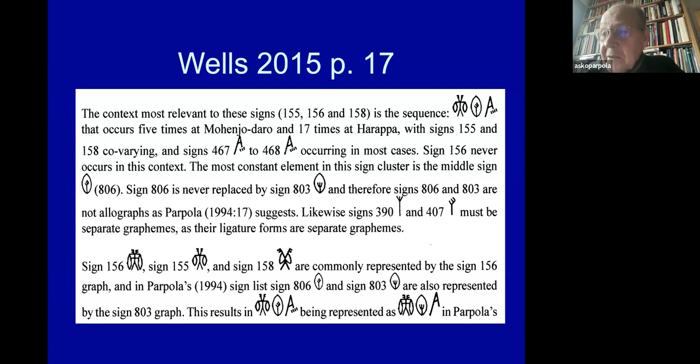Likewise, signs 390 and 407 must be separate graphemes, as their ligature forms are separate graphemes. I do not think that the absence of the said variants from this particular context establishes them as separate graphemes.